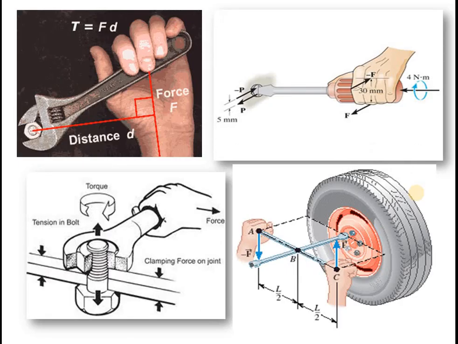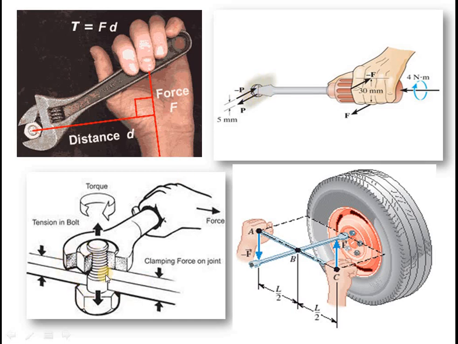There are so many situations in our day-to-day life where we come across torque. For example, a nut and bolt system, when you tighten it or unscrew it, you use a wrench or a spanner, where definitely there is the role of torque. Whenever you use a screwdriver to remove a screw, again torque plays an important role.